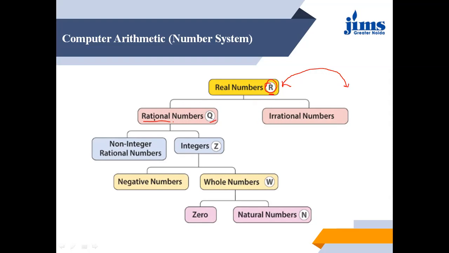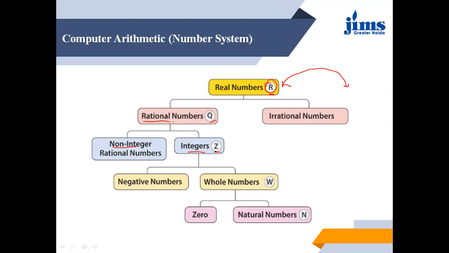Then rational numbers divide into two parts, non-integer rational numbers and integer rational numbers, where integers are represented by Z.